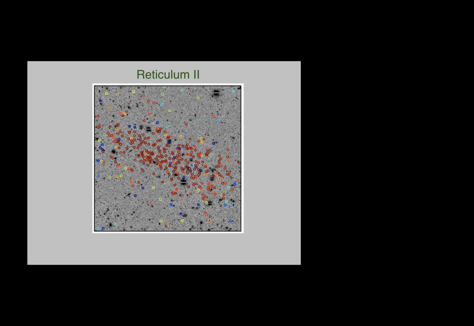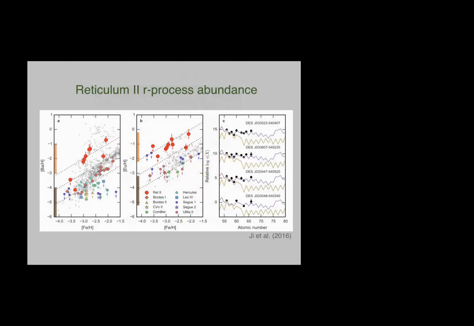But as I said, Reticulum 2 is an interesting system in that it has been observed to be R process enriched. In this plot, I want you to just look at the middle panel, where the x-axis is the metallicity and the y-axis is europium over H. You can see 7 red circles that show the 7 stars of this ultra-faint dwarf system that have been detected to be europium enriched in their spectra.